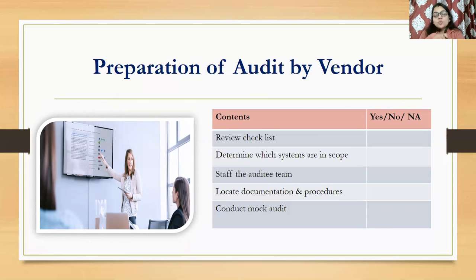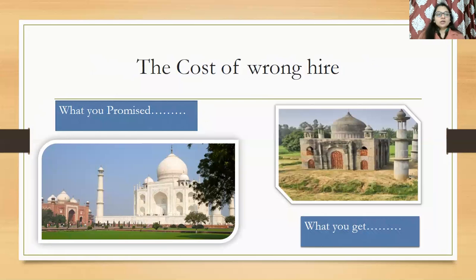If these two are not matching, on the same platform, a big difference is created. Let's take this: what the vendor promised you and what you get. This is one slide which can help us understand what we require and what the vendor gives us.